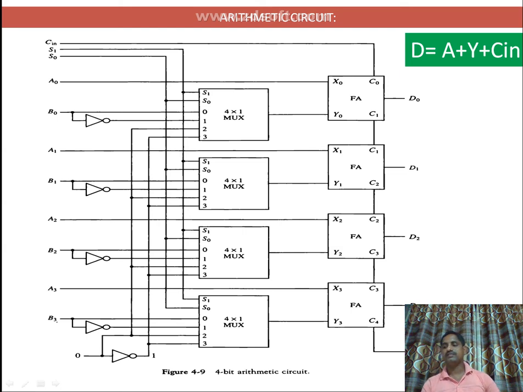For 0 1 0, it connects the B complement, so D equals A plus B bar, that is subtract with borrow. For 0 1 1, it is A plus B bar plus 1, that is subtraction. For 1 0 0, it is transfer of data from A, and 1 0 1 is the increment of A. And D equal to A minus 1 is the decrement of A.